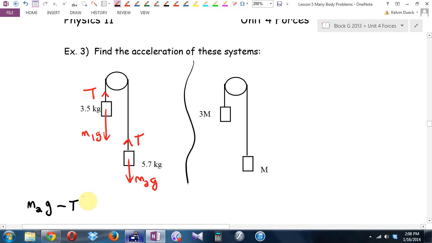Winner. I run into M1G. Loser, it's pointing down. Oh, wait a minute. When it goes around to the other side, it ends up pointing up. Loser. I do have forces from both masses.